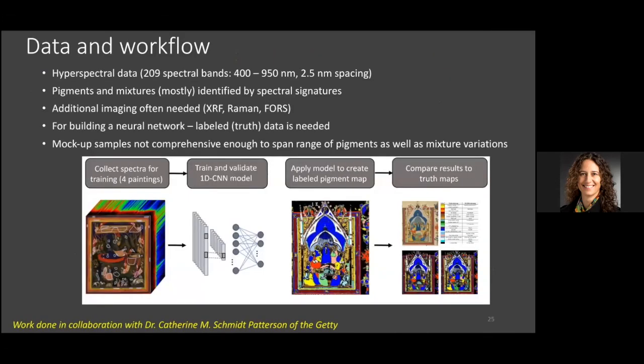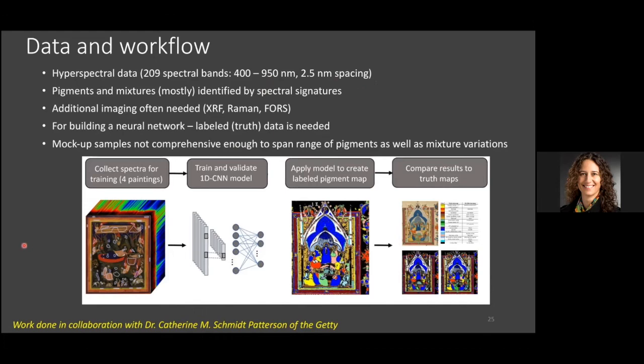We decided to create our own labeled pigment data set by using the hyperspectral data. The data that we have has 209 spectral bands, starting at 400 nanometers and ending at 950 nanometers. And we use the spectral signature as the feature for each pigment mixture or layered structure. This labeled data set was then used to build and train the neural network.